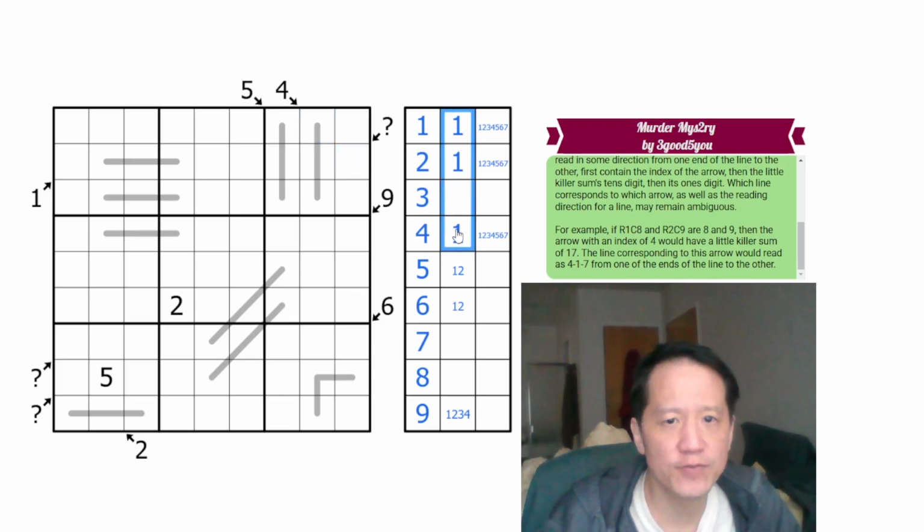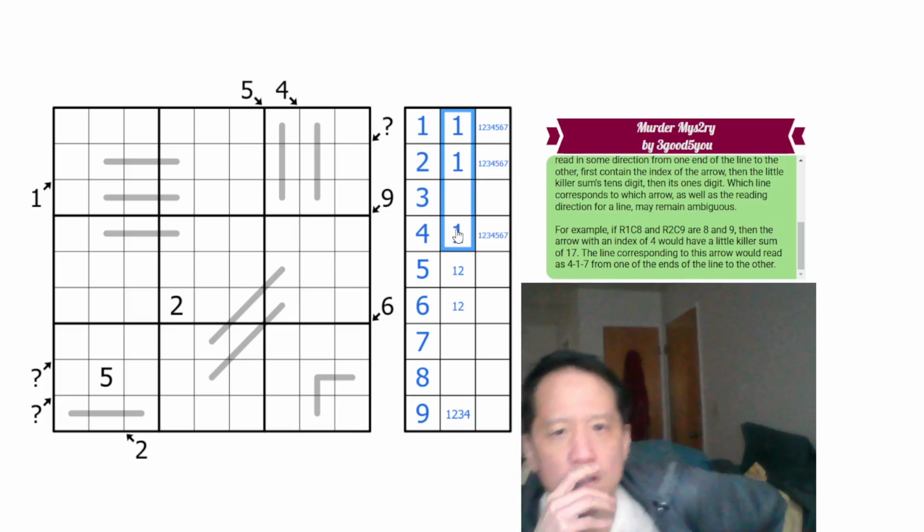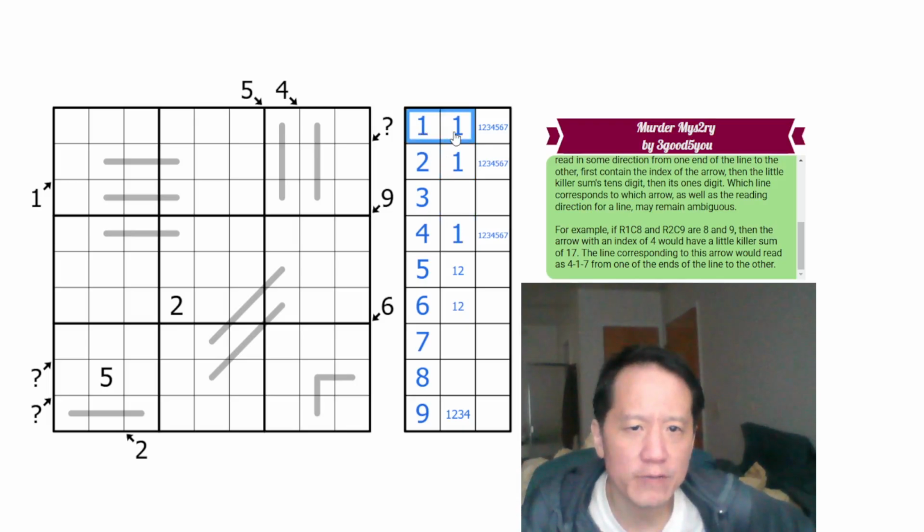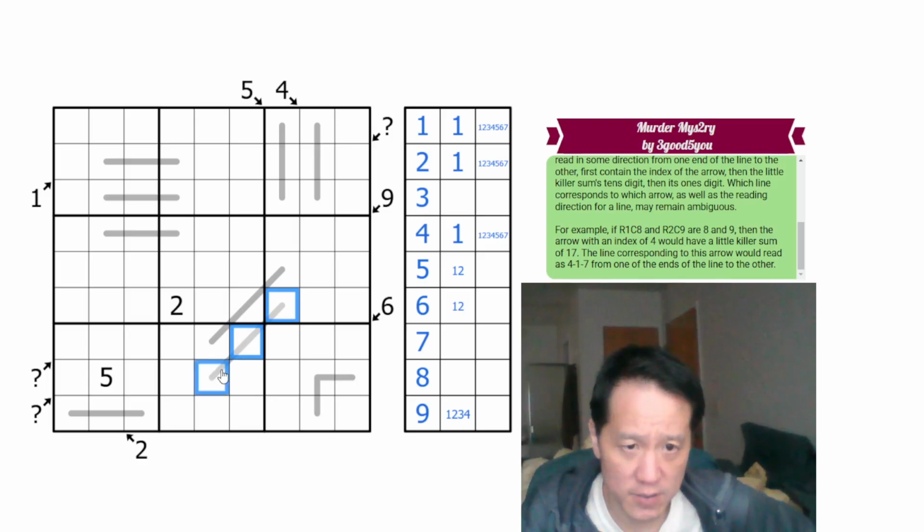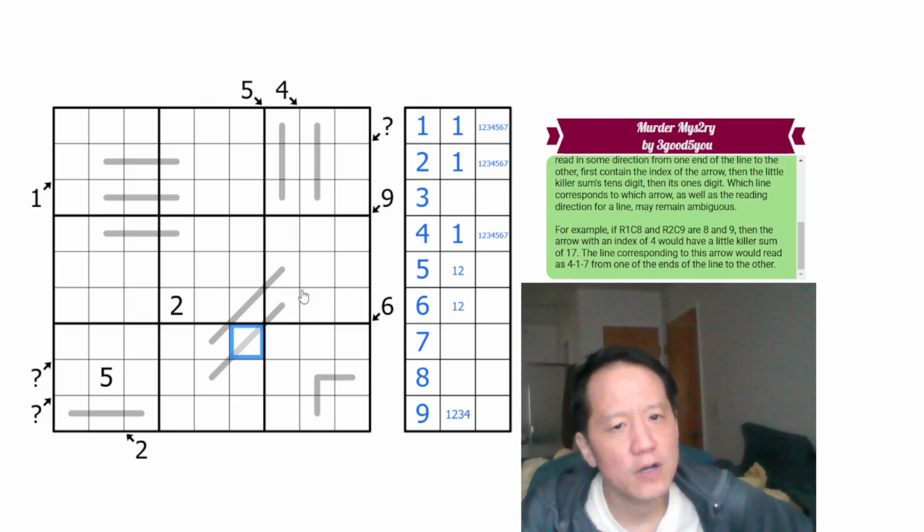So far we have three 1s guaranteed. We also have a 1 1, right? Which line is the 1 1? It has to be either this line or this line. So we know one of these two is a 1, right?